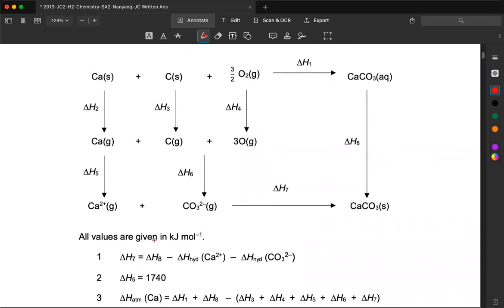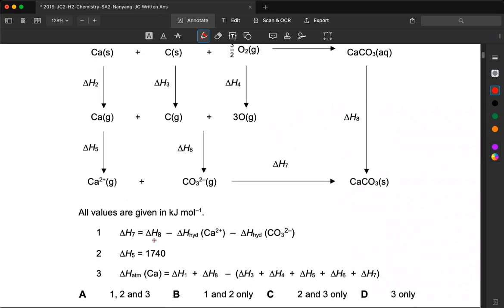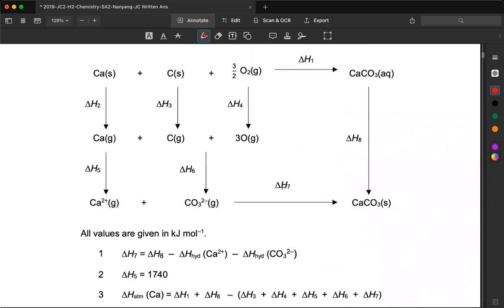It says that delta H7 is equal to delta H8 minus hydration of Ca2+ minus hydration of the anion, like that only.